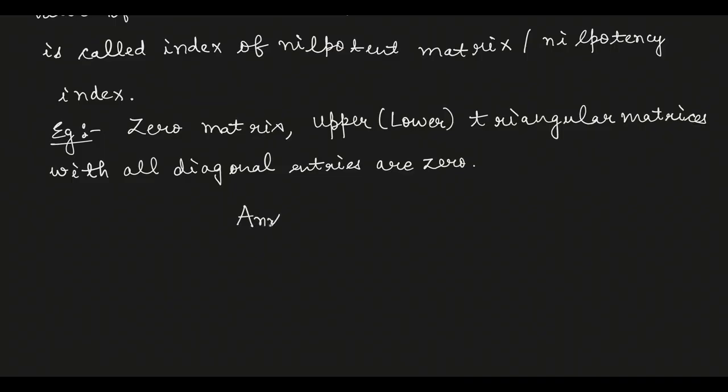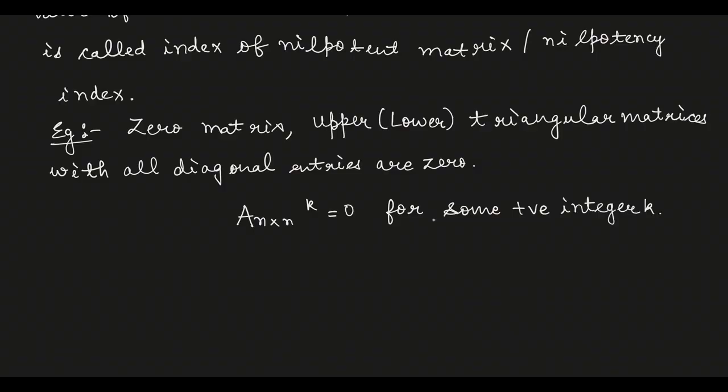So A is an n cross n matrix, and A to the power k is 0 for some positive integer k.